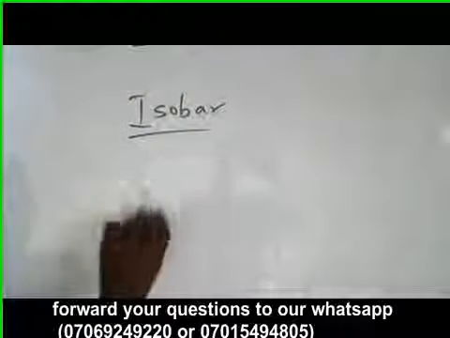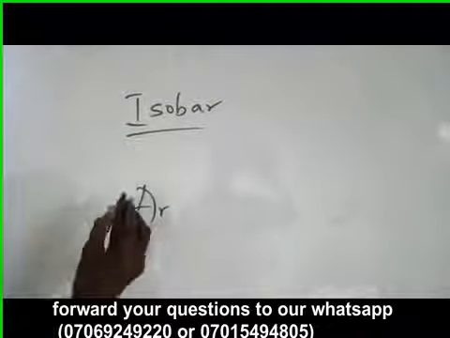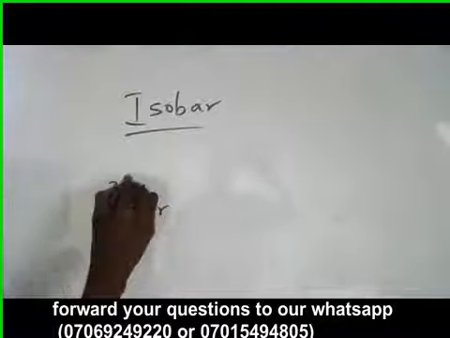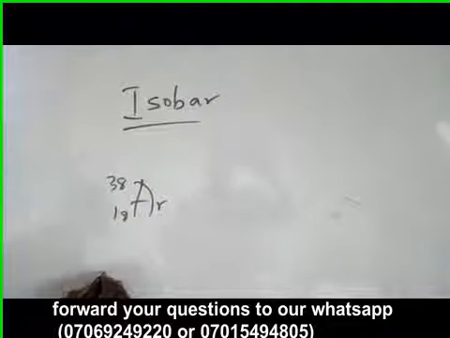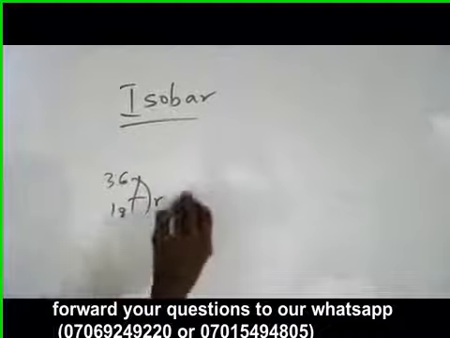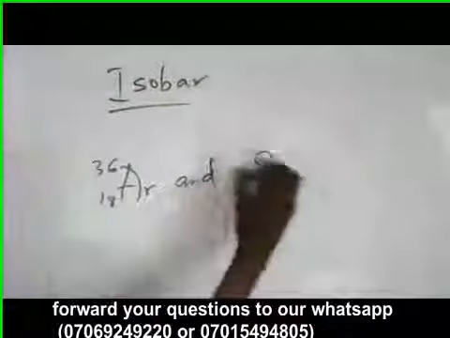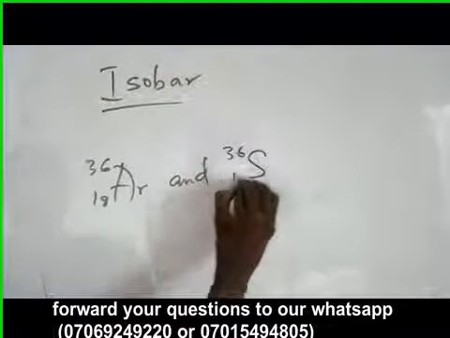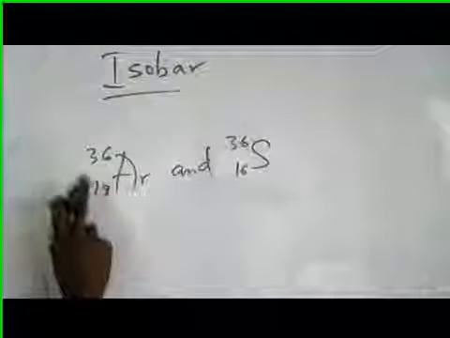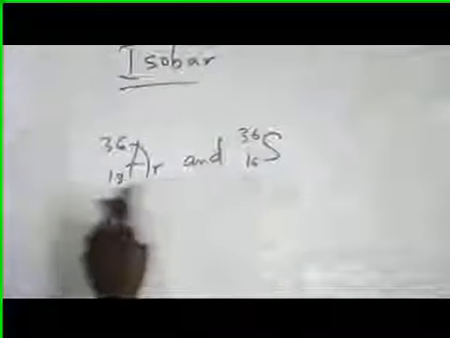Example, we have argon-36 (³⁶₁₈Ar) and sulfur-36 (³⁶₁₆S). You will see here that both of them have the same mass number but different numbers of protons.